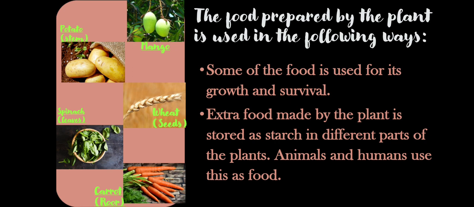So we get different types of food in different forms. Extra food made by the plant is stored as starch in the different parts of the plant, and animals and humans use this as food.